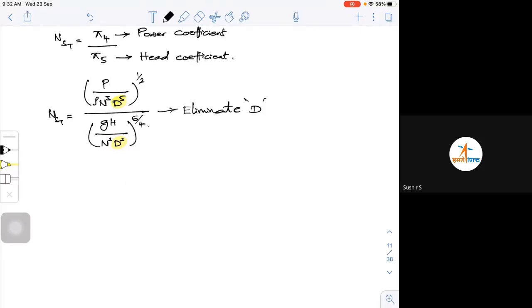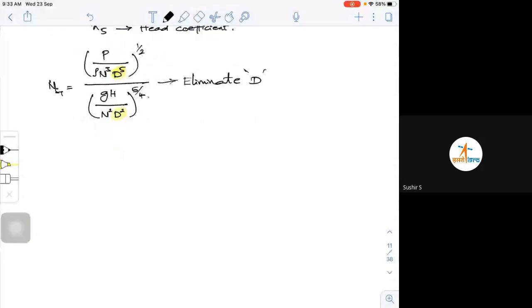What will happen? The diameter in the numerator and denominator simply goes off. If this were simply a D, I would have raised it to 5 by 2. This is D square, so I am raising it to the power of 5 by 4.